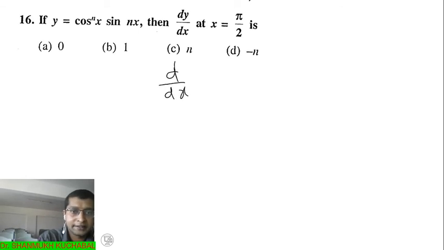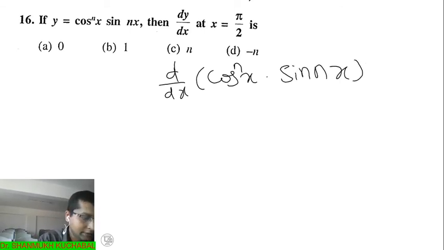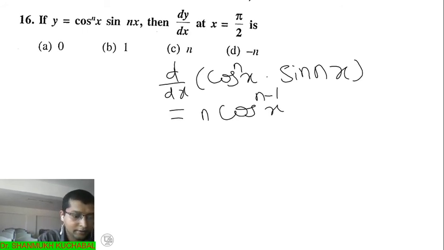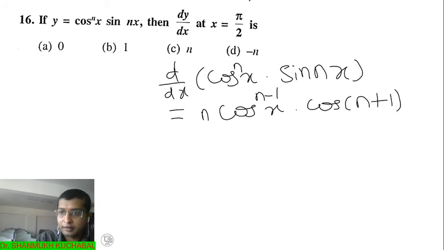We have to remember this: d by dx of cos raised to n x into sin nx is equal to n cos raised to n minus 1 x into cos of n plus 1 times x.